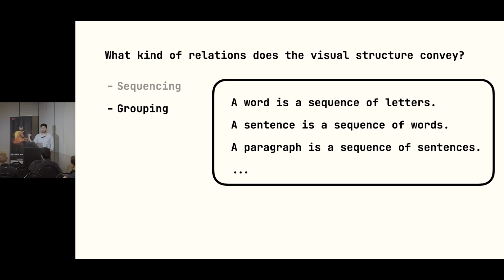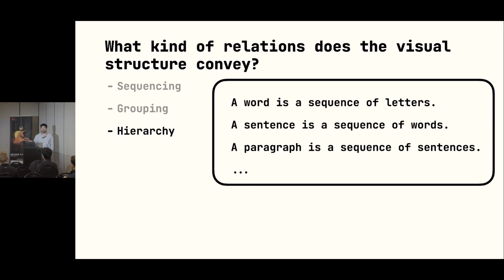Even without the box I just added, you were able to see different groups of items within this page, but the box makes it even more explicit. And the third one is hierarchy. Using the layout of the page or some font sizes or some font weight, we can convey structure, we can convey hierarchy between different items on a document, on a page.